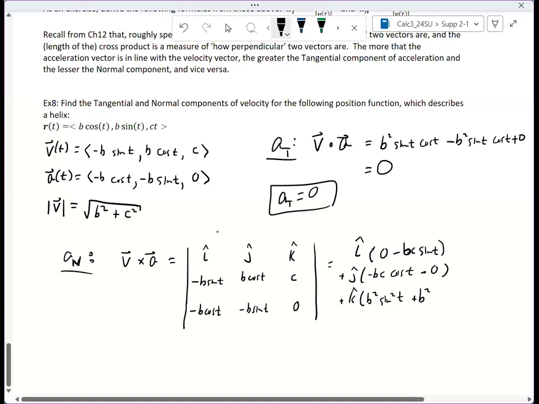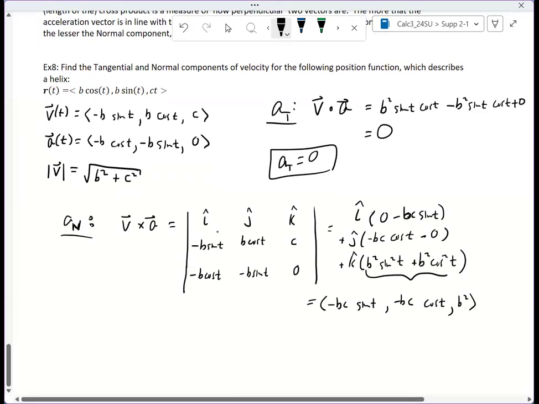So that's plus b squared cos squared t. The minus from going the other direction cancels with the minus on the bottom left. So this is the vector: minus bc sine t, minus bc cos t. And then down here for my third component, sine squared plus cos squared is 1. So I just get b squared at the end here.